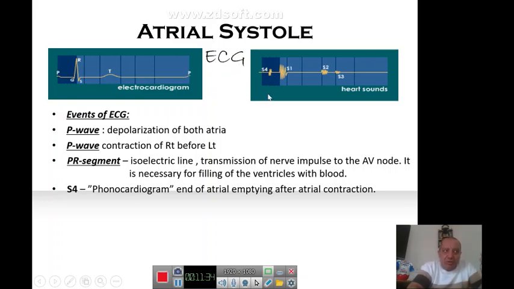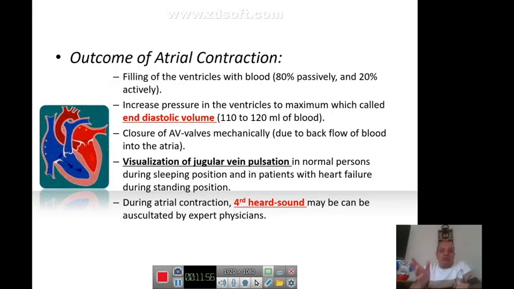So during this movement, we have to listen carefully with the stethoscope, and we can find a sound. It is just really experience; only some persons can hear it using the stethoscope. Okay, so what's the outcome again?